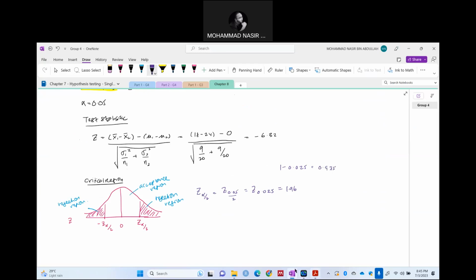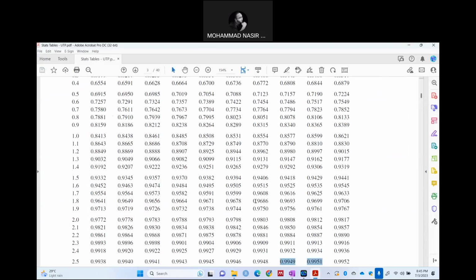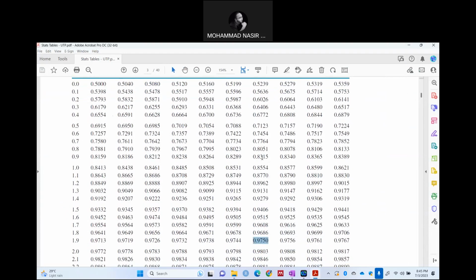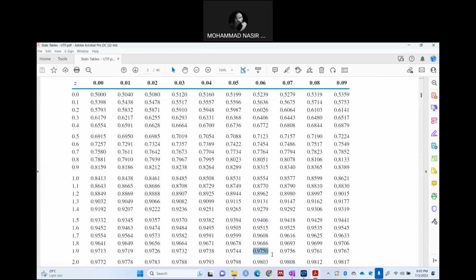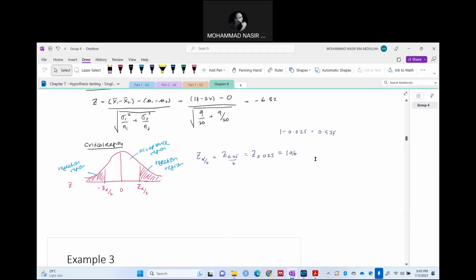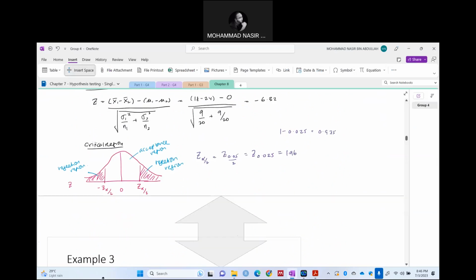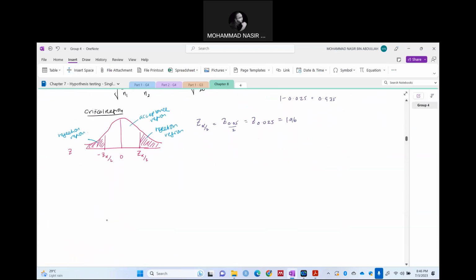So we look at the statistical table. 0.975 is 1.96. Right? So the critical value is 1.96, so this one should be negative 1.96 and this is 1.96.